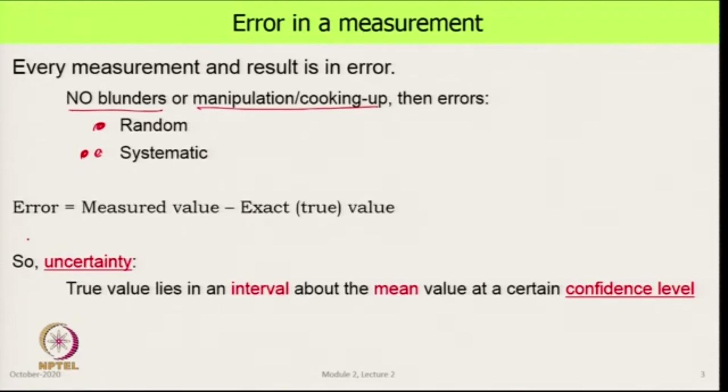Also we saw that error is defined as the measured value minus the exact value or the true value. And since the true value is never known, we do not have an exact number to put on the error of a measurement.